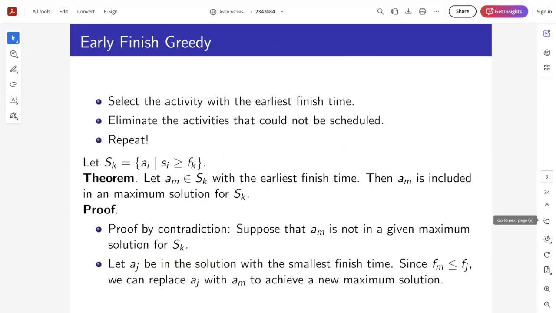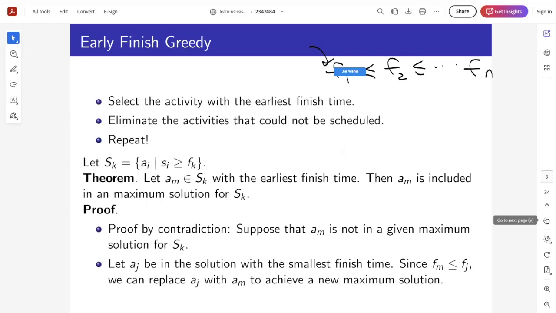Now let's figure out whether, for this particular problem, we can have a better strategy to select a subproblem so that we don't have to look at all possible AK in Sij. We assume F1 is less than or equal to F2, and so on, less than or equal to Fn.